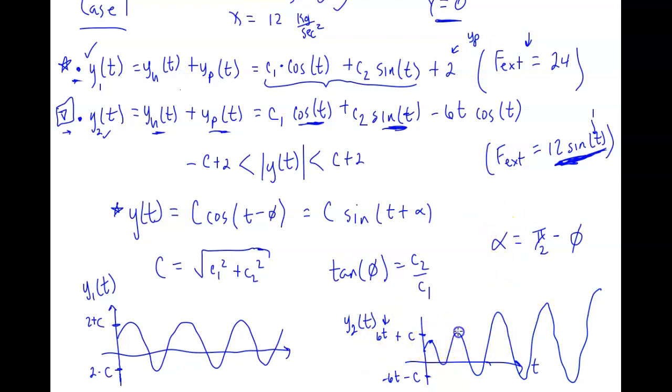And of course, if you look at this, you'll see that the oscillatory motion is increasing in a linear manner. And that is because of the t part of this particular term.